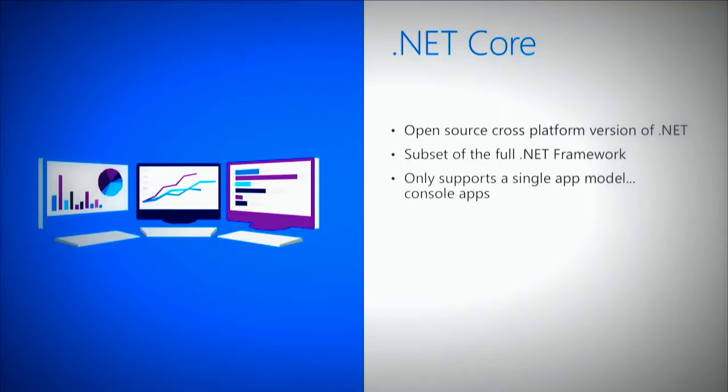If deployed with your app, you only deploy what your application needs. This keeps things running fast and lean. .NET Core only supports a single app model, console apps. That might seem a little limiting, but as we'll see when we create our ASP.NET Core project, other app models can be built on top of that.